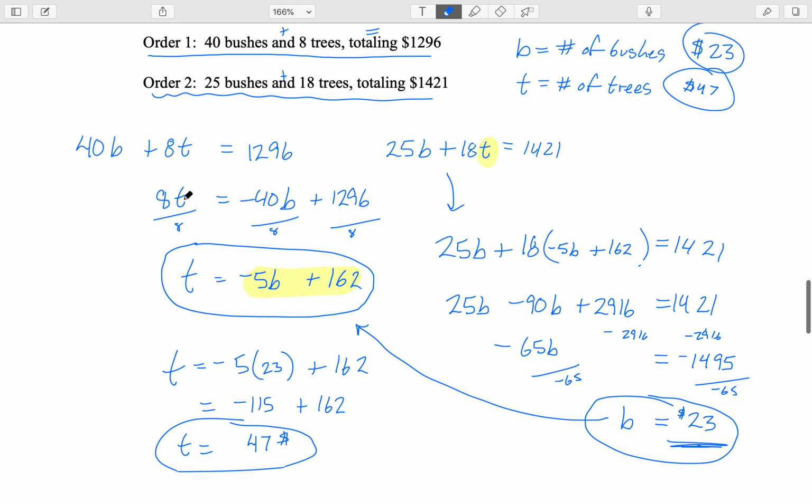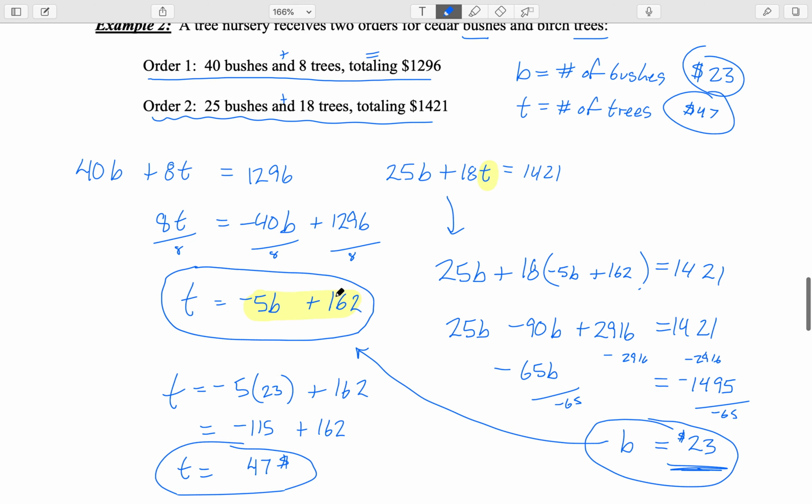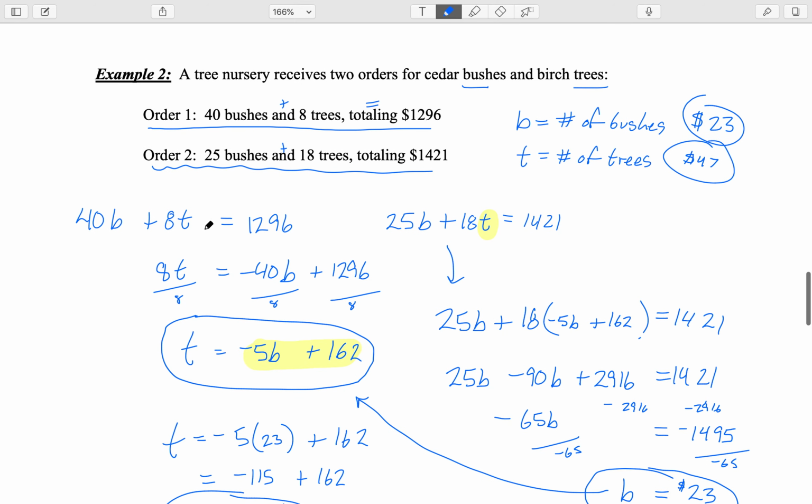So I did this one by actually solving for t equals, right? I have four options. I can either solve for t in the first equation, or I could have solved for b. Move this over and divide everything by 40. That would have been ugly, because I would have gotten 8 over 40, which is a fifth. I'm creating fractions. Maybe I don't want to create fractions. I also could have started in the second equation and isolated t, so move this over and divide everything by 18.